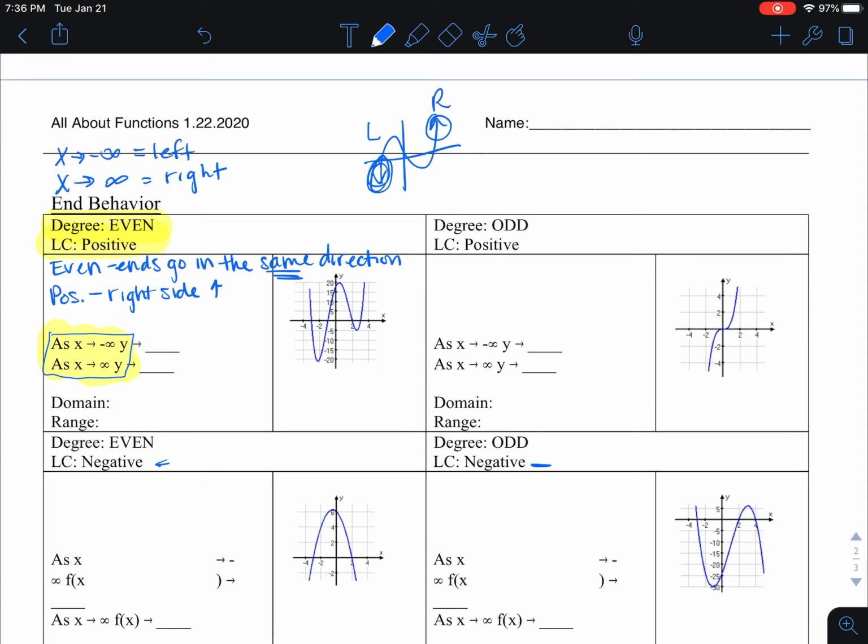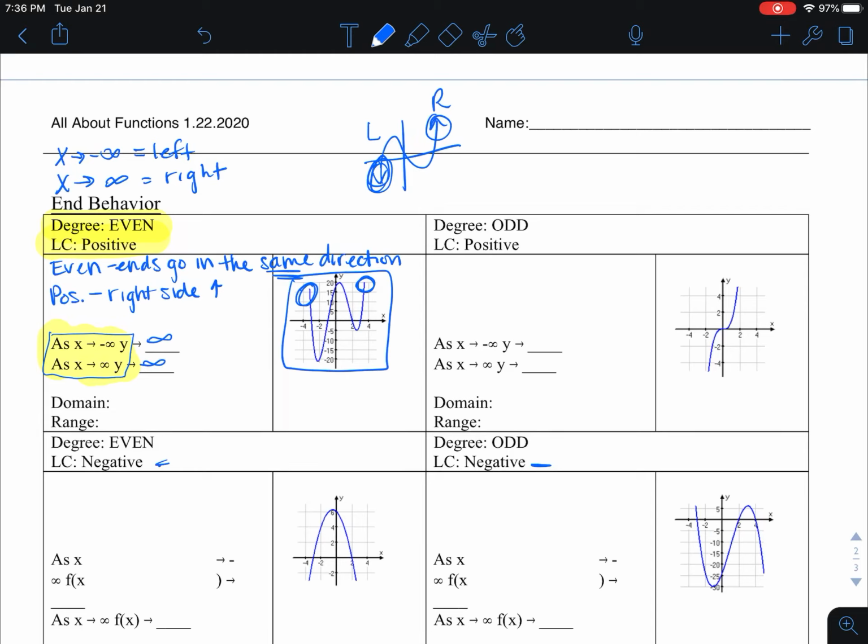As you can see, this is an example of even and positive. Looking at this graph, as x goes to negative infinity, that means the left-hand side. Where is this graph going? It's going up forever, so it's going to positive infinity. And the right-hand side is also going up, so it's going to positive infinity.